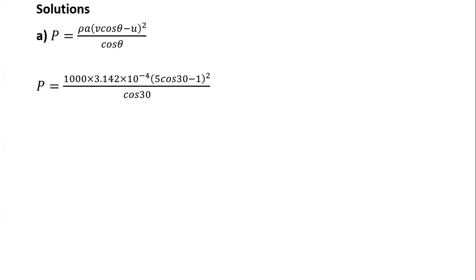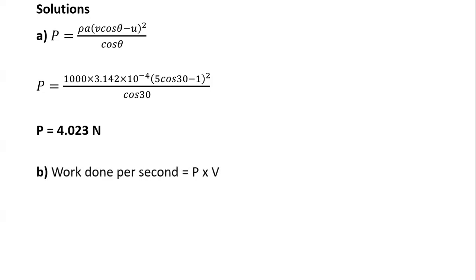Here we are saying that the v is 5, angle is 30, u is 1. Then the angle there is 30, so it's still cos 30. Once you do that, our answer is 4.023 newtons.